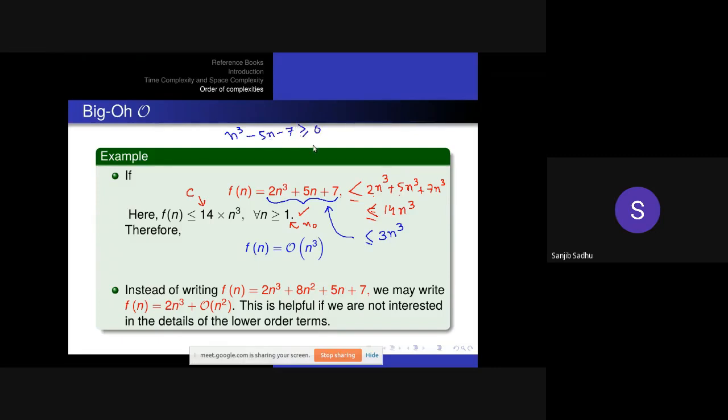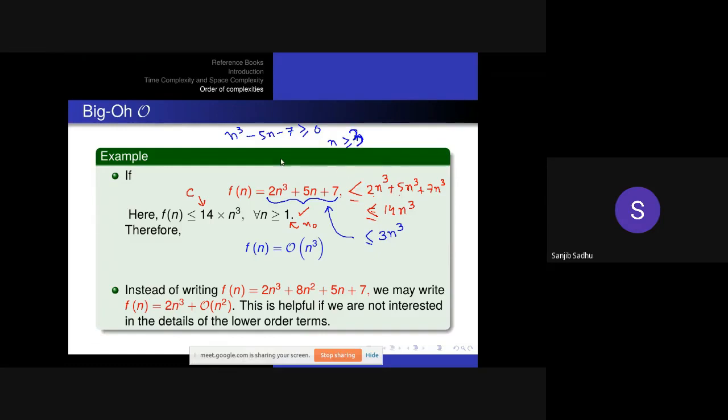You can find for what values of n this holds. If n is 1 it cannot be positive. If n equals 2, you see 8, it's not possible. For 3, for example, this is true, so n is greater than or equal to 3.